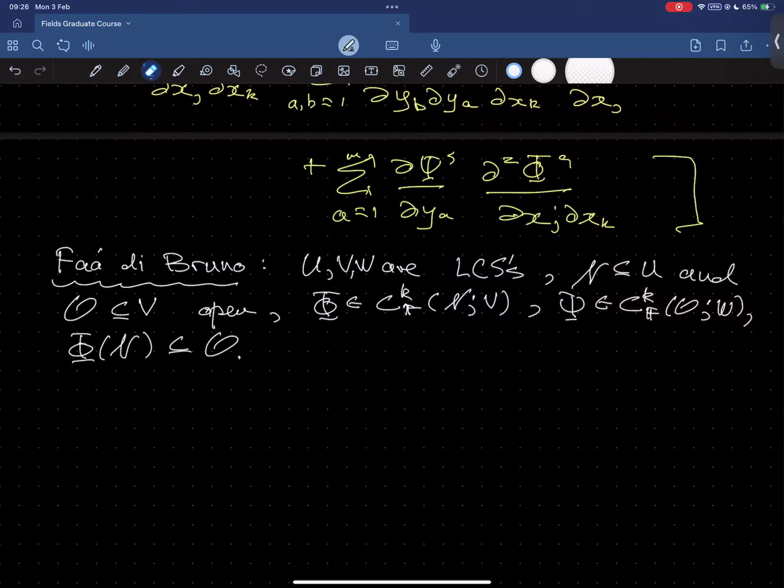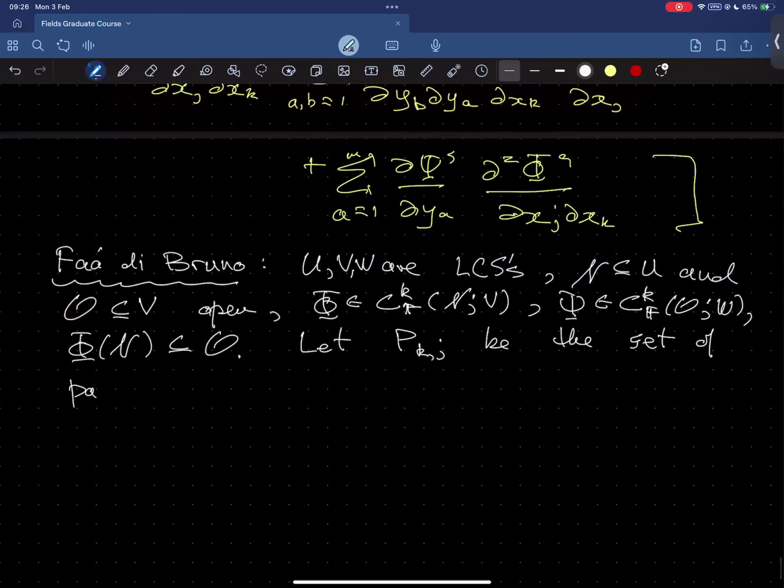Okay, so let P(k,j) be the set of partitions of the set with k elements into j distinct, non-empty subsets.